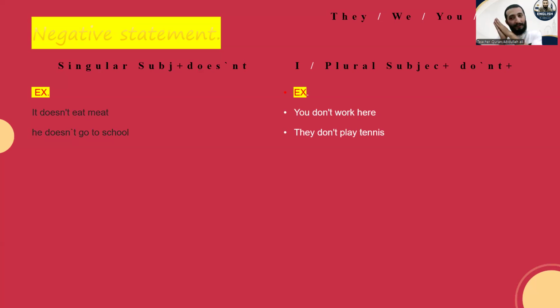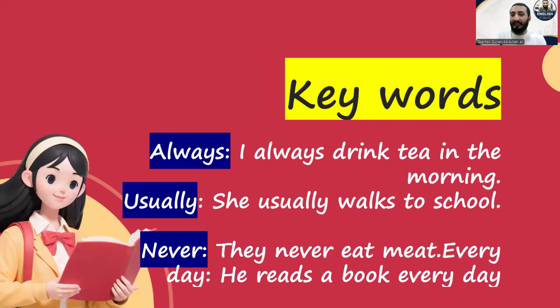He does not wake up at 7 o'clock. Another example, he doesn't eat too much. You don't work here. They don't play tennis. So this is the negative statement.